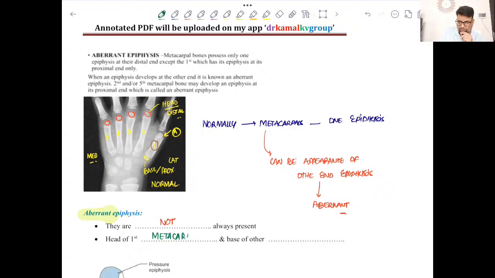This is aberrant because normally it should be at the base. And for other metacarpals, the normal epiphysis is at the head, but if aberrant develops, it will develop here, right? So this is aberrant: base of second, third, fourth and fifth metacarpal. Clear? So this is the concept of aberrant epiphysis.